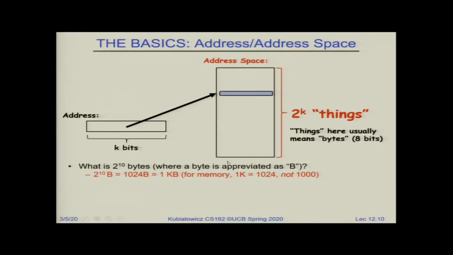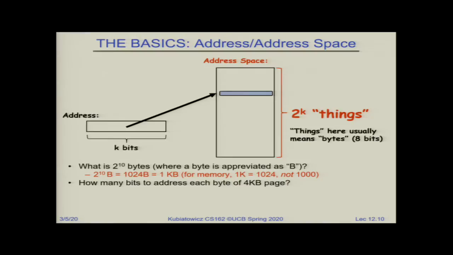There are a lot of things you ought to just memorize. For instance, 2 to the 10th is 1,024. A byte is a capital B, and we call that 1 kilobyte. Notice for memory, 1K is 1,024, not 1,000. So a KB is 1,024.